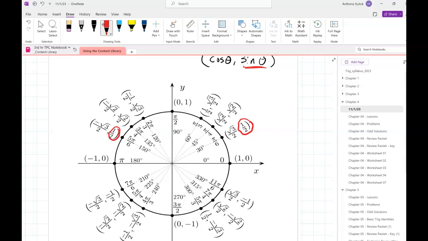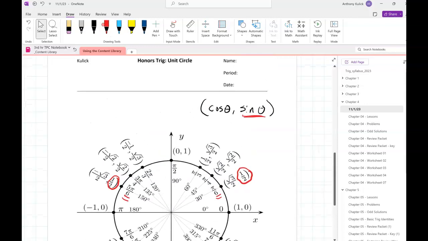Those are the only two spots on my unit circle where the y coordinate is 1/2. So that should tell me that sine inverse is either 30 or 150. Or actually, we're doing radians, so it should be either pi over 6 or 5 pi over 6. Is everybody okay with that?